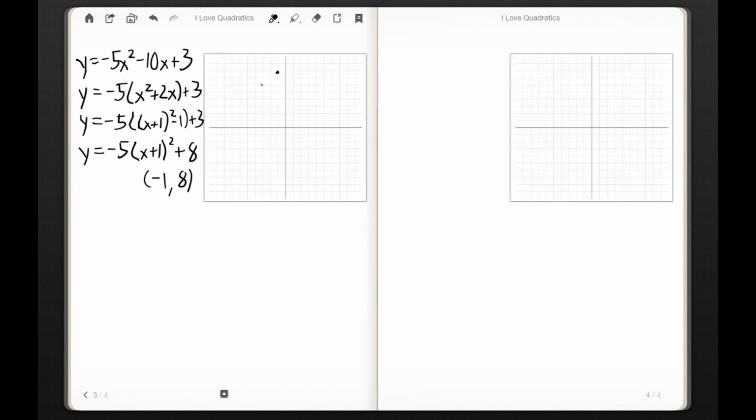So now here is where we know that there actually are two roots for this graph. Because look where the vertex is. The vertex is above the x-axis. And the leading coefficient, either in the vertex form here, the -5, or in the standard form, it's also -5, the coefficient of x squared.